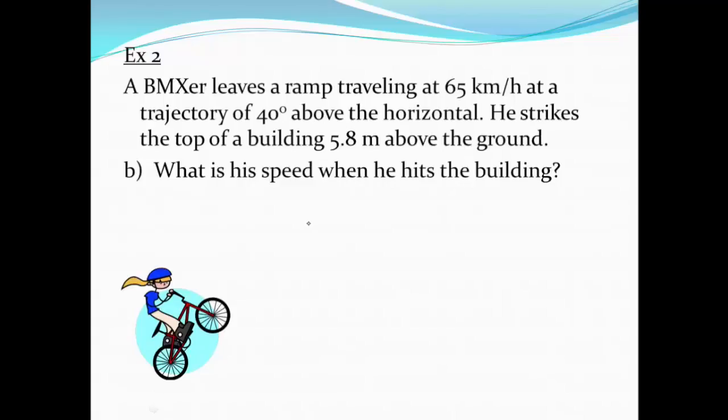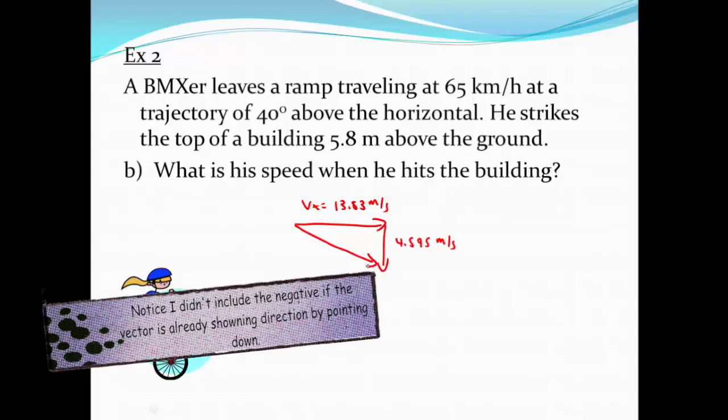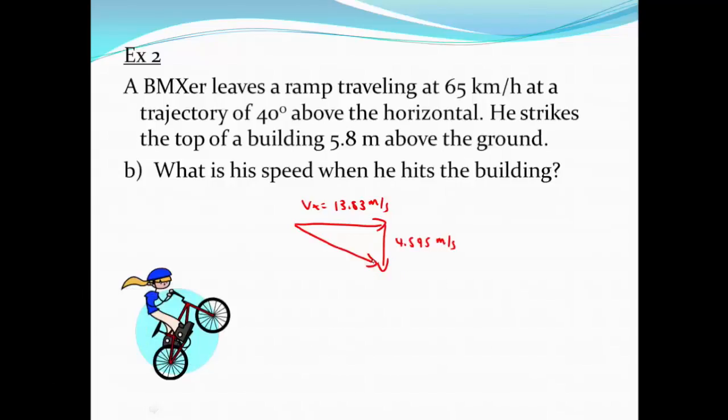So if we draw our vector diagram, we know that Vx is equal to 13.83 meters per second, and Vy is pointing down at 4.595 meters per second, which means our resultant velocity is this right here. We'll call that Vt, and we know that it's at some angle below horizontal.